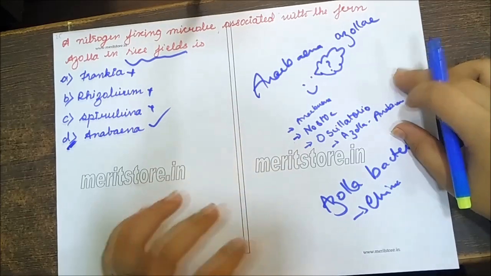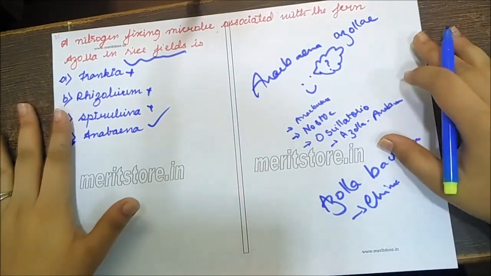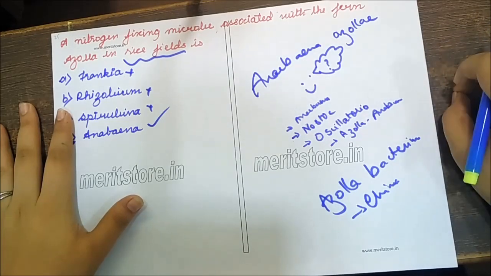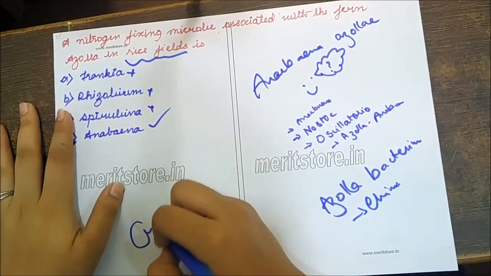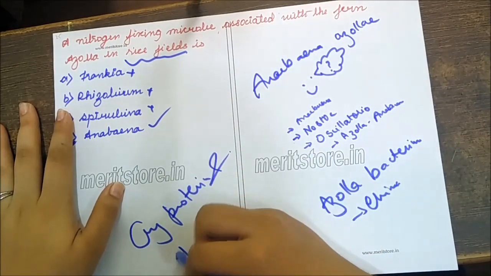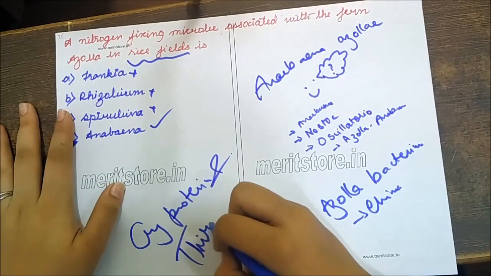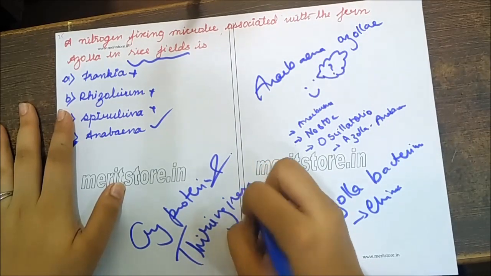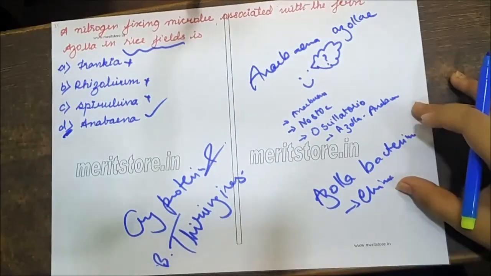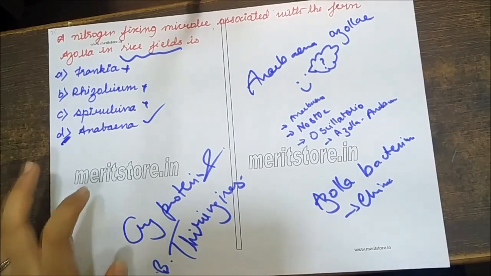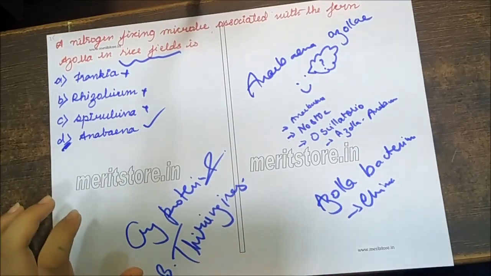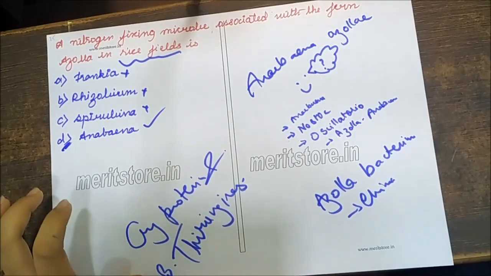The commercial preparation of B. thuringiensis contains a mixture of spores and cry protein. Now let's know what is alcohol fermentation and SCP.